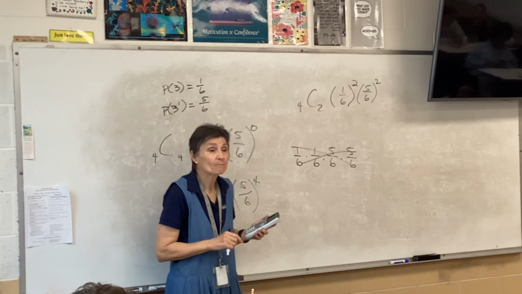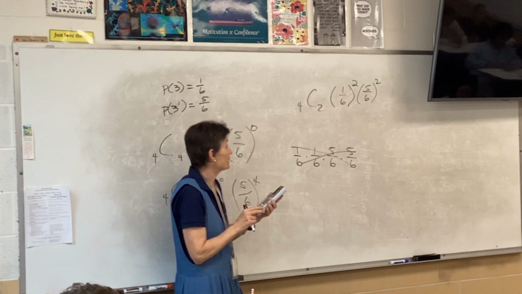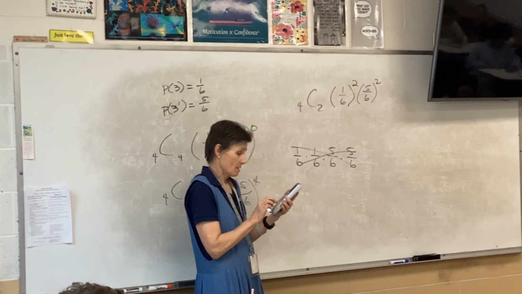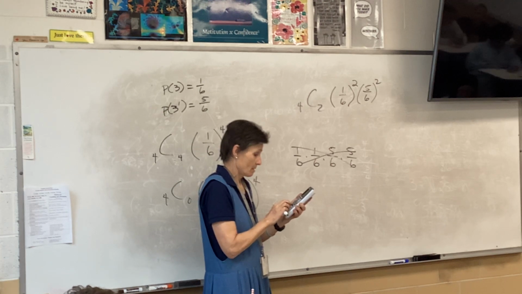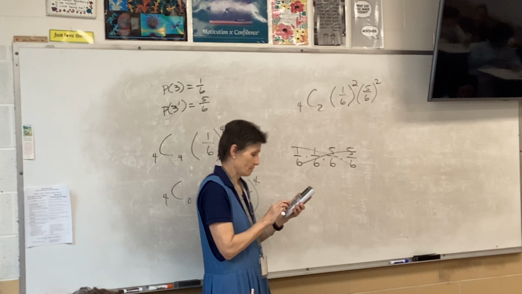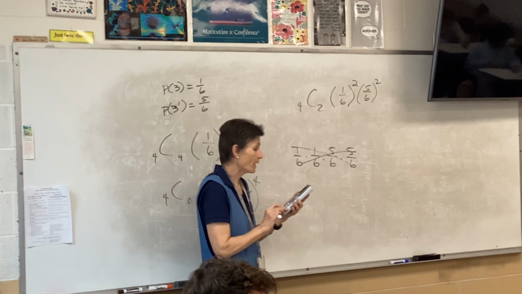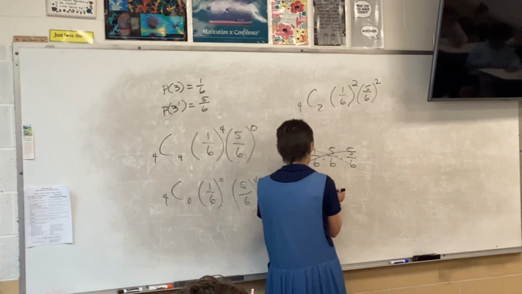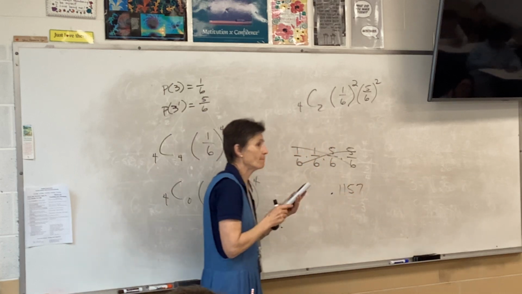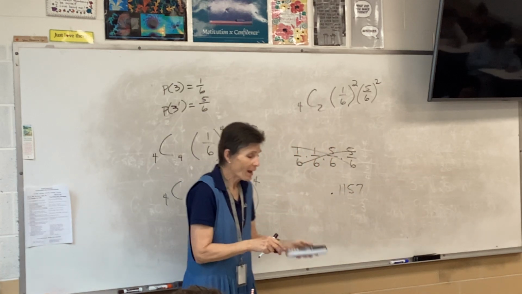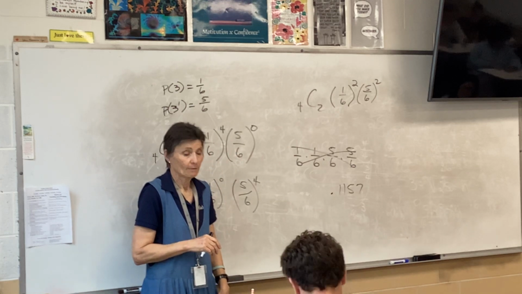This is C. No, this is C. All right, and I'm typing it in carefully. No 3s at all. Okay, so what I got was 0.1157. Anybody else get that? So you have about 11.5% chance of doing that.